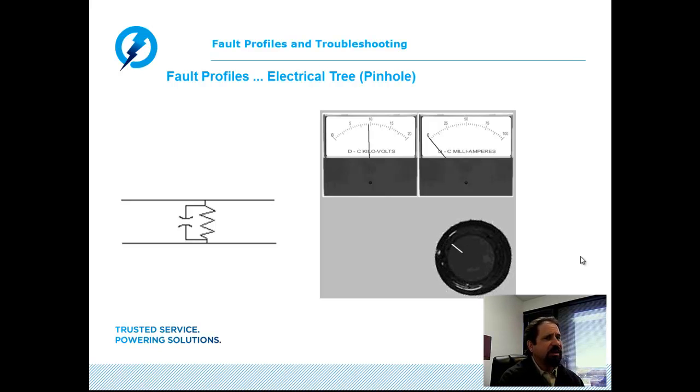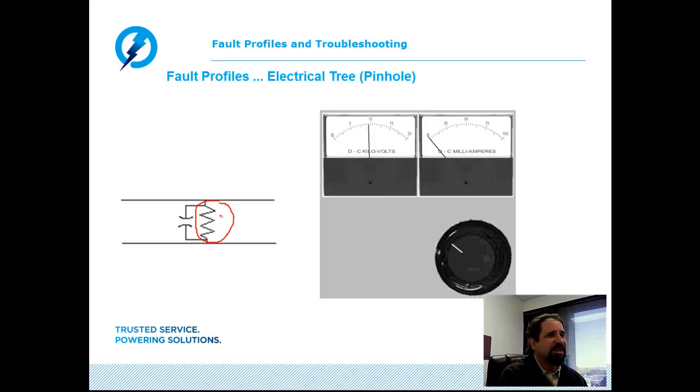If we look at a pinhole fault from an electrical standpoint, basically what we would see is some nonlinear resistance value. If we were using a megohmmeter, we would be able to measure the insulation resistance value, or the remaining insulation resistance value, on the cable.